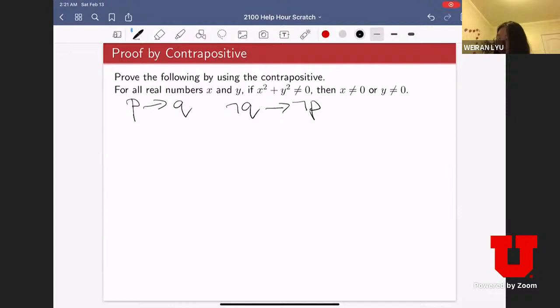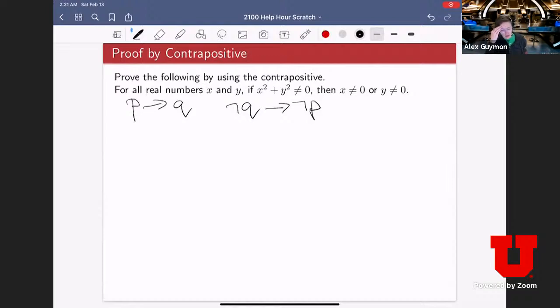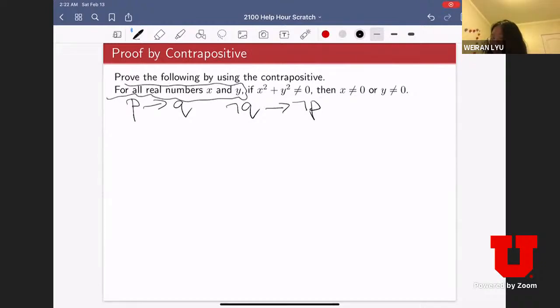Okay, so I think somehow you're talking about the contradiction, but not exactly the contrapositive. I would reword that to just say if x equals 0 and y equals 0, then x squared plus y squared equals 0.